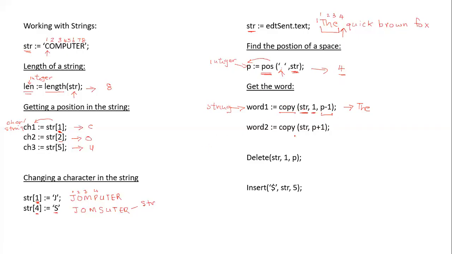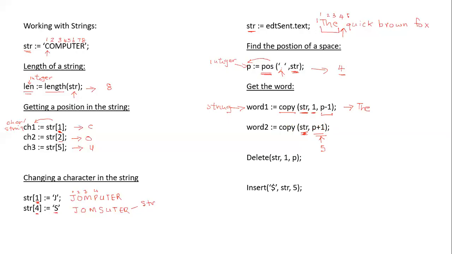In the second example, copy is being used again, but it only has 2 parameters. The third parameter is omitted. We're copying from our string, str, which is the quick brown fox, and we are telling it the starting point to start at p plus 1. Remember, p was 4, the position of the space. So 4 plus 1 will be at position 5.